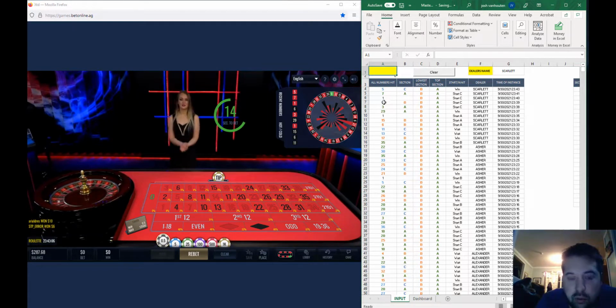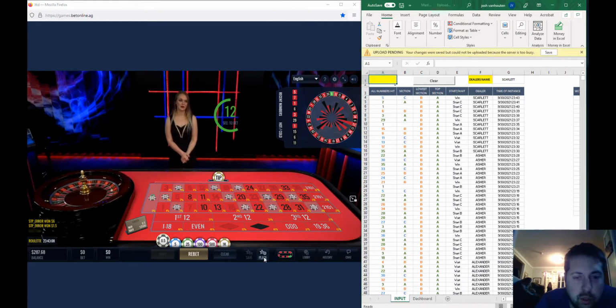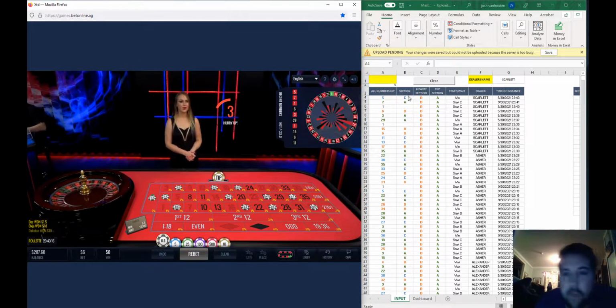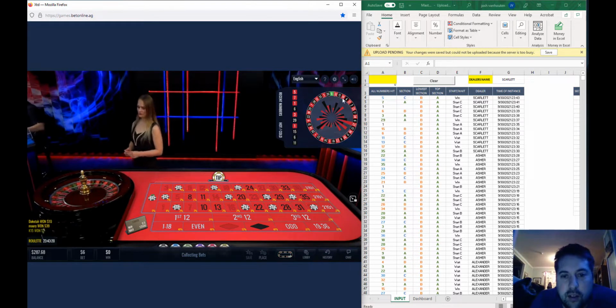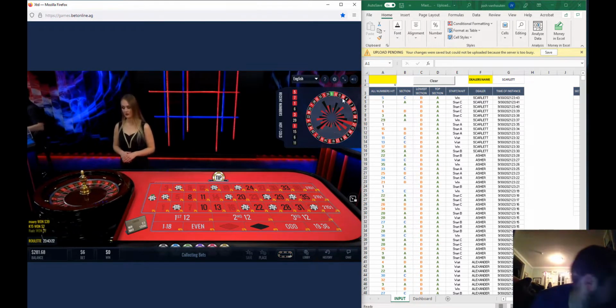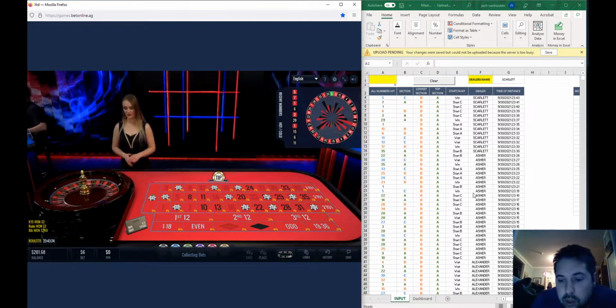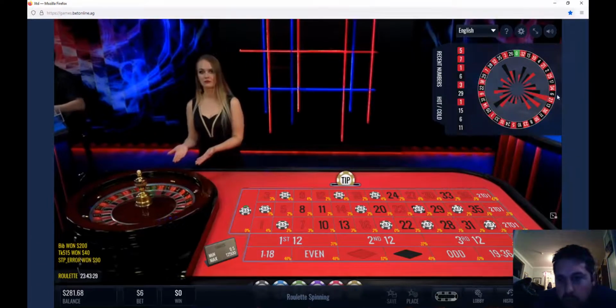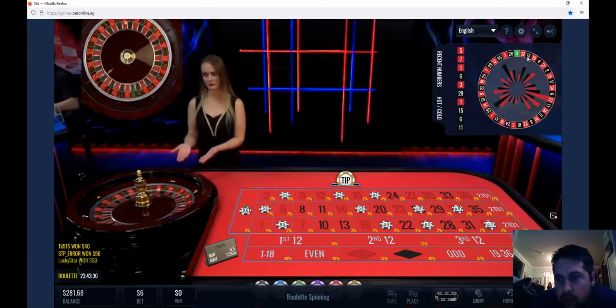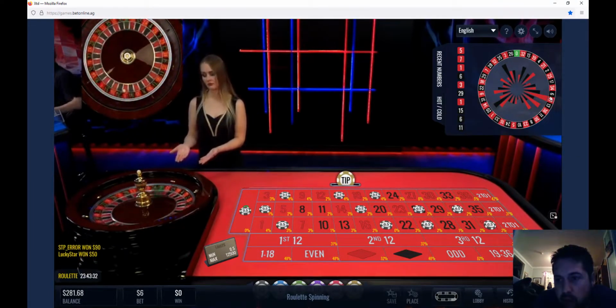Now we could get a jump and try to start B. I think I'm going to try it. If B doesn't hit here, it will tell us to bet on B. Section B is 26 all the way to 6.